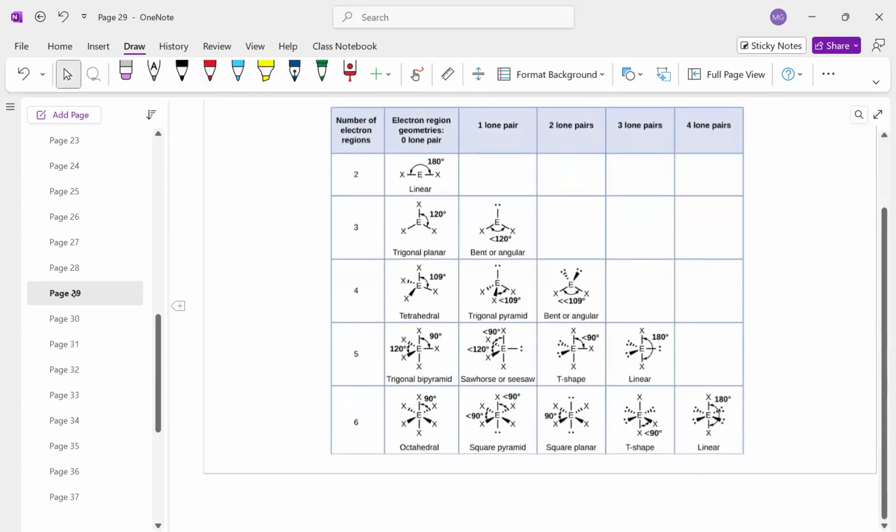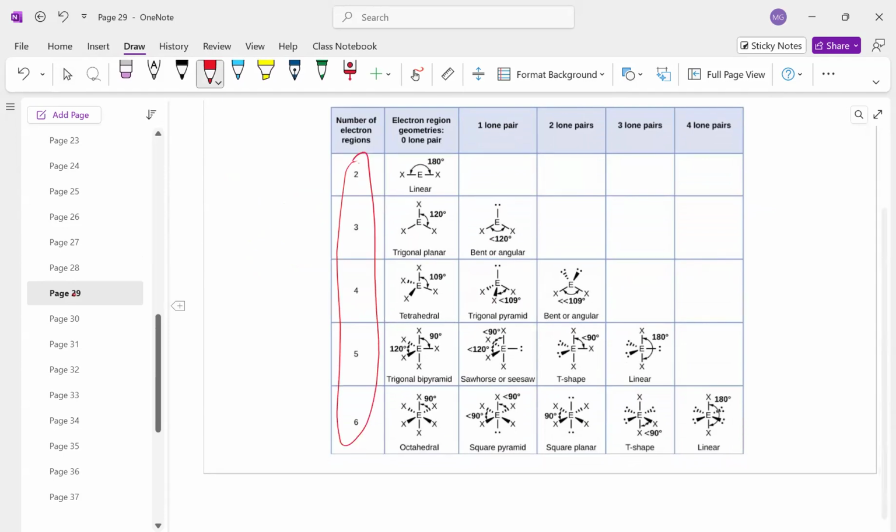And I would start committing something like this to memory. But you can see here that based on the number of regions of electron density, the shape of the molecule can change. And also depending on how many lone pairs there are, the shape can be slightly different.